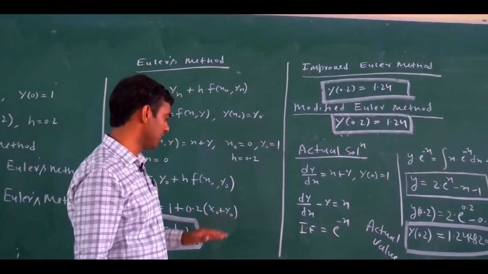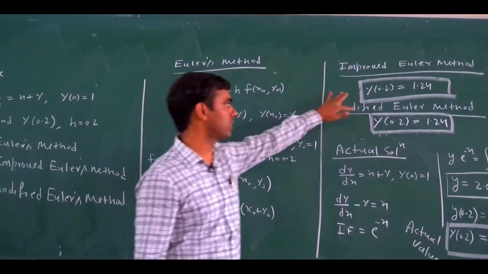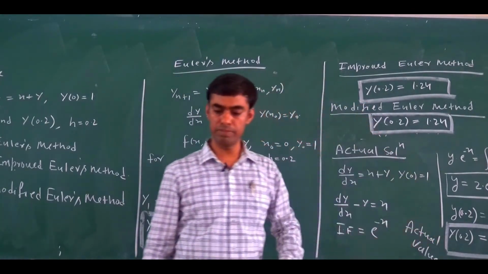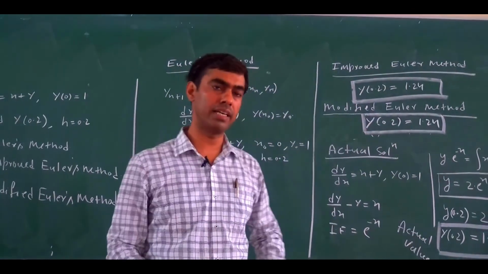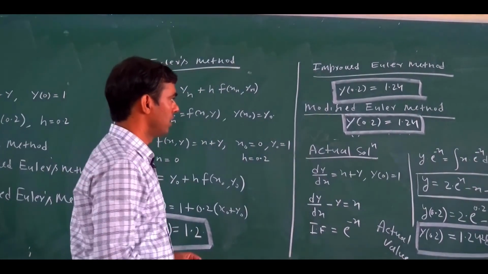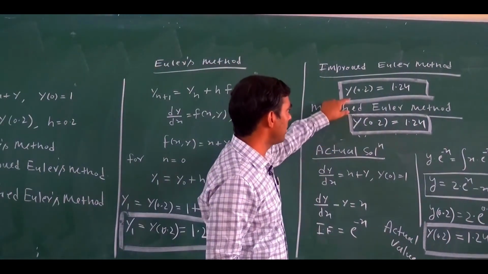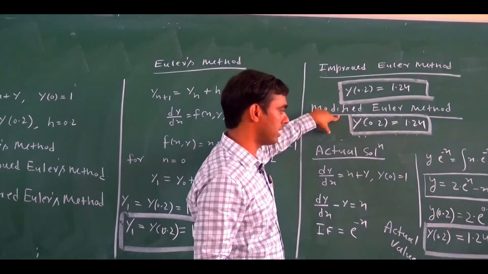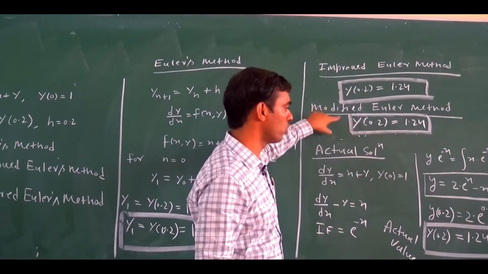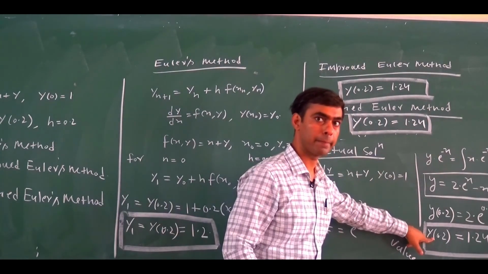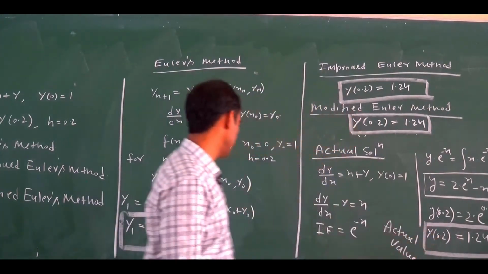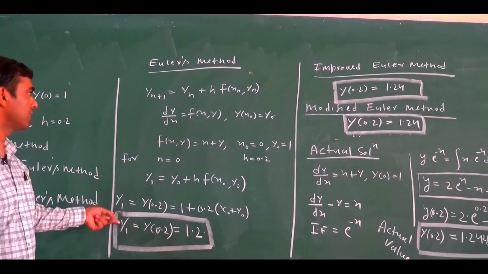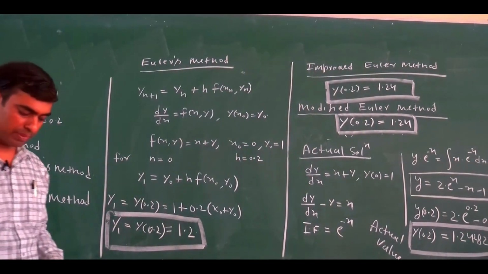If we closely observe these four solutions, we observe that the solution obtained by the improved and modified Euler methods is closer to the actual solution in comparison to the solution obtained by the Euler method.